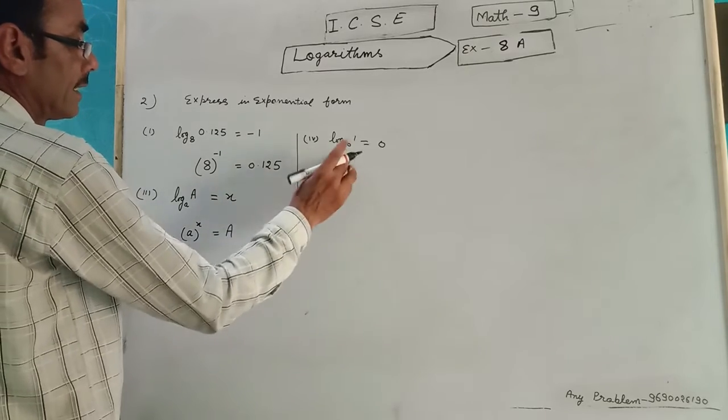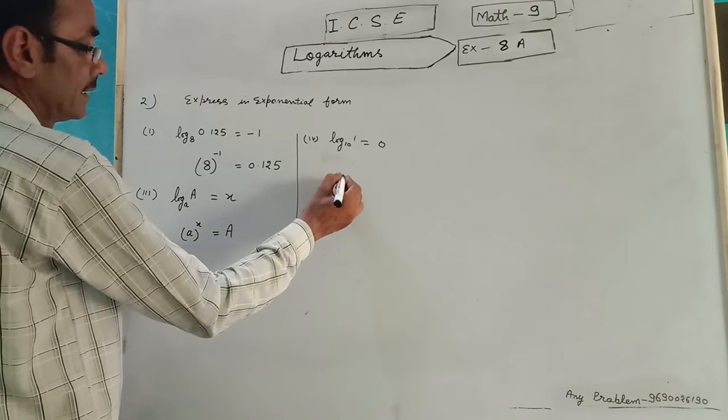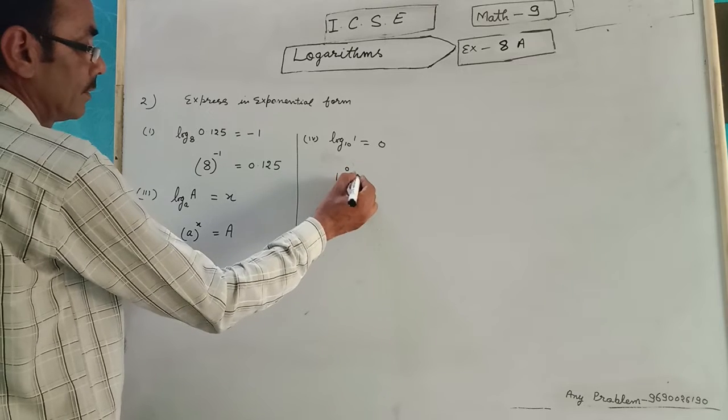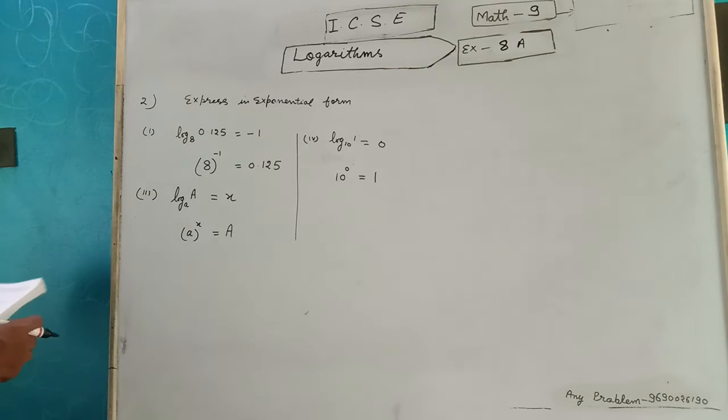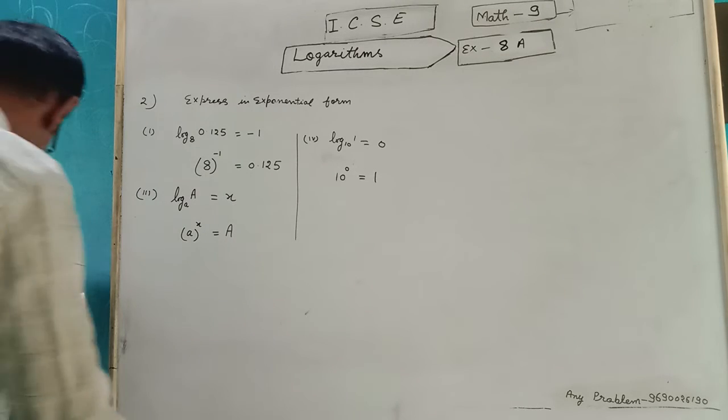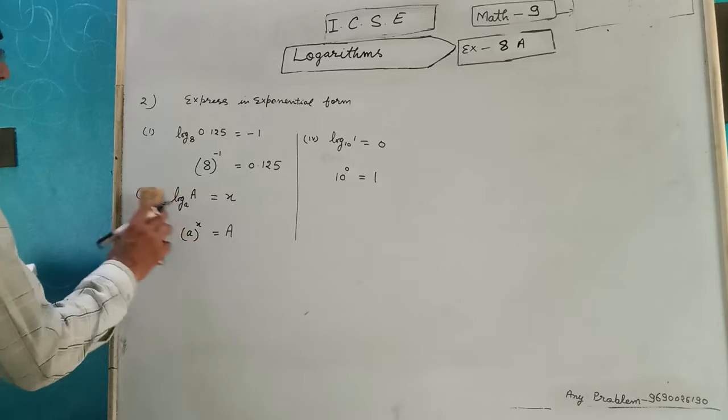So exponential form will be 10 as power 0 is equal to 1. Question number 2 is complete.